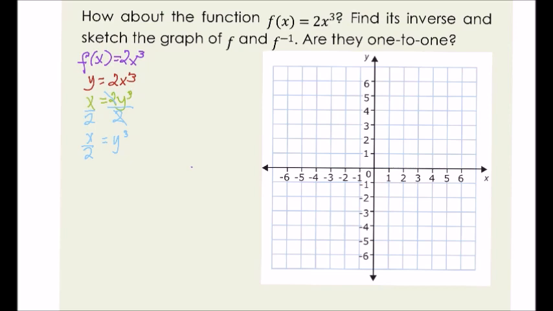To do that, we take the cube root of both sides. That cancels, so we have y equals the cube root of x over 2. Then let's replace y with the inverse notation.